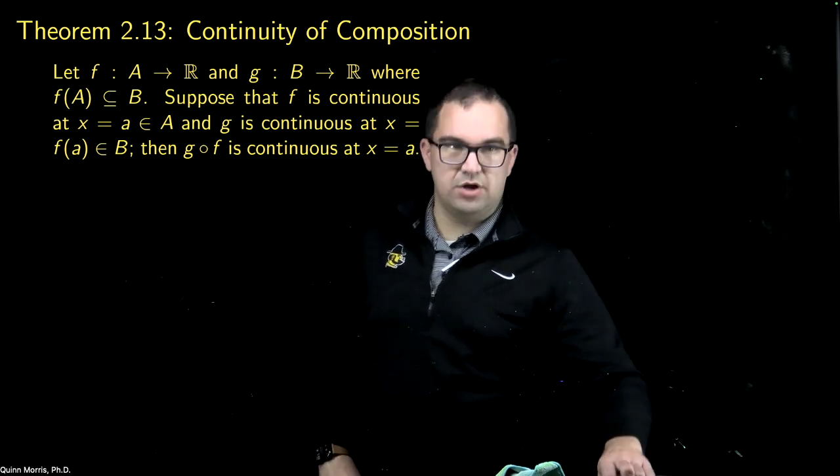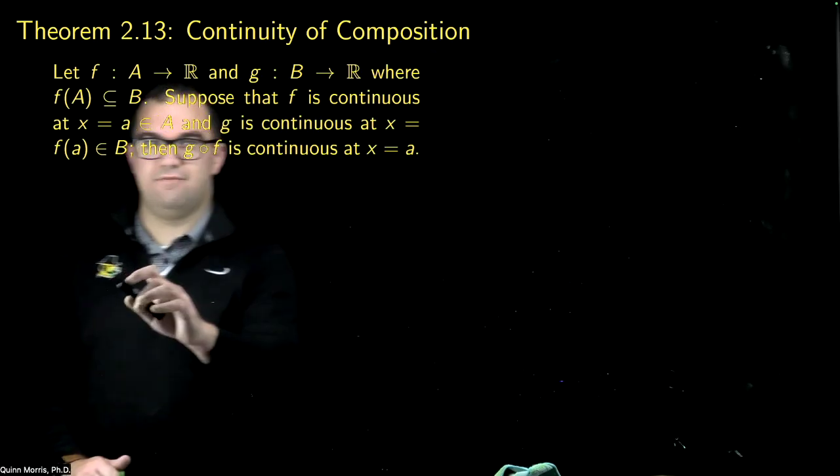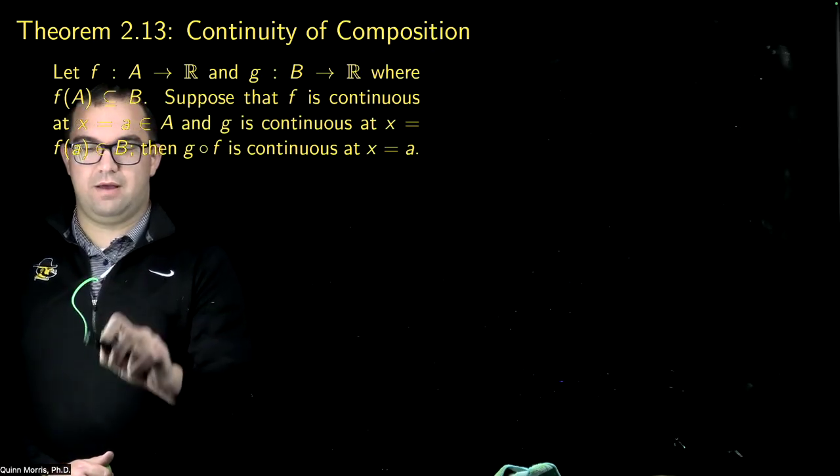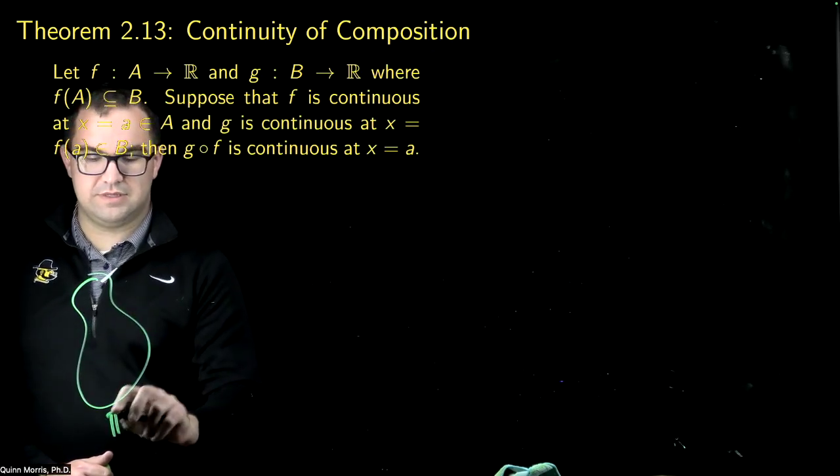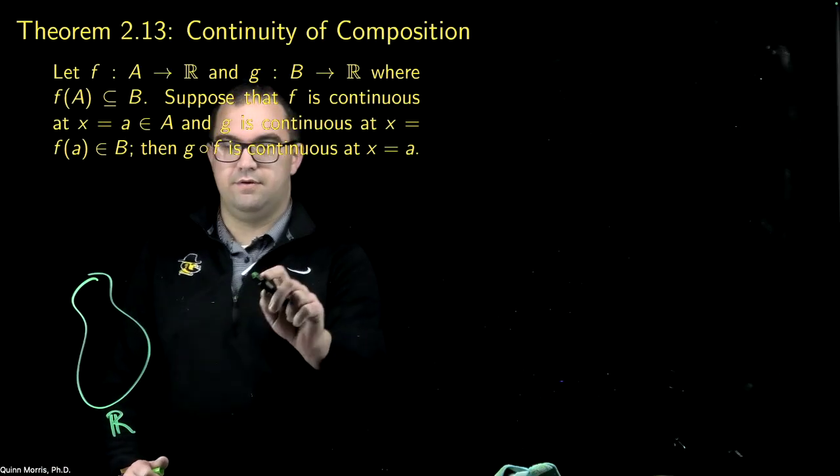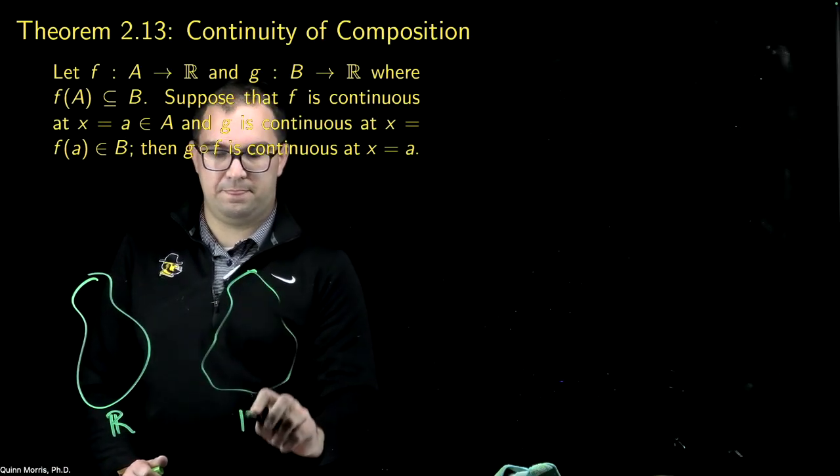Okay, so let's first just understand the setup of the functions we have here. The idea is I'm going to represent R, the set of real numbers, as a blob, and I'm going to have three of them.